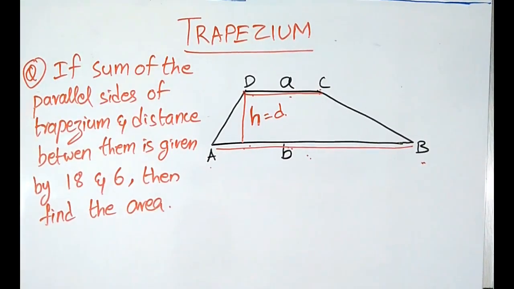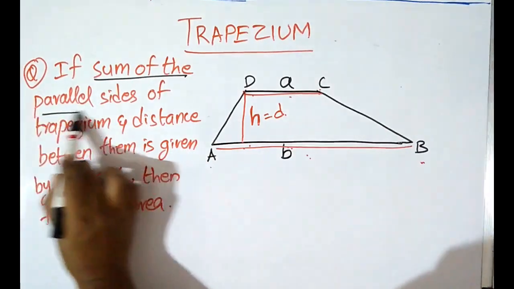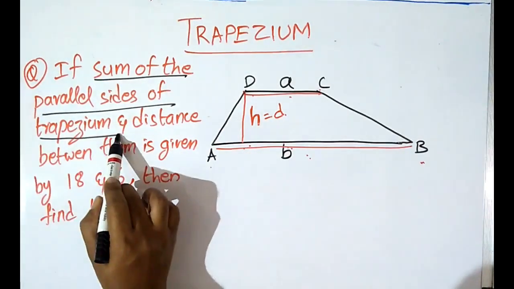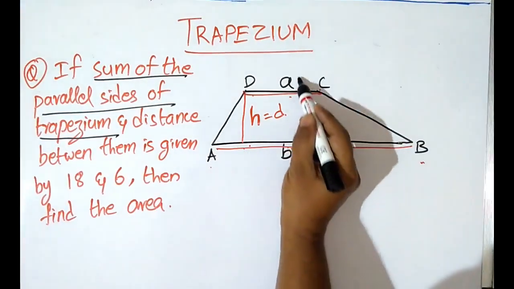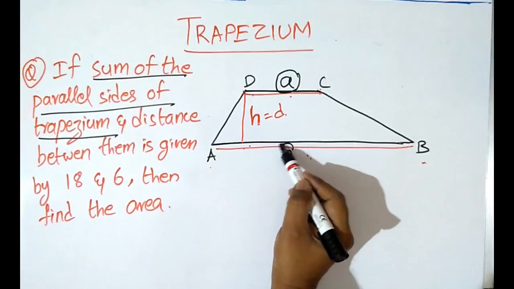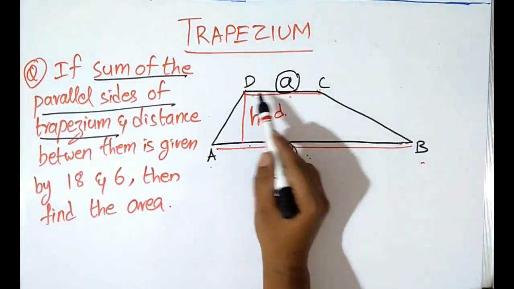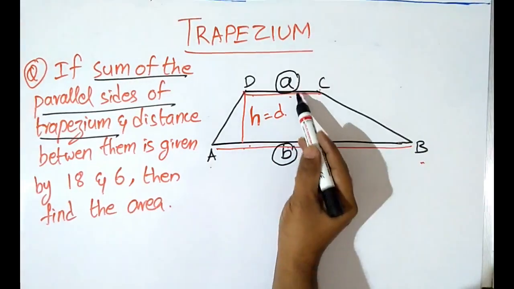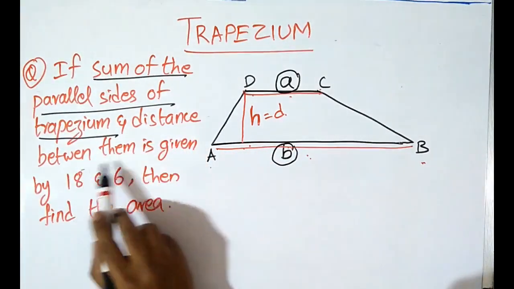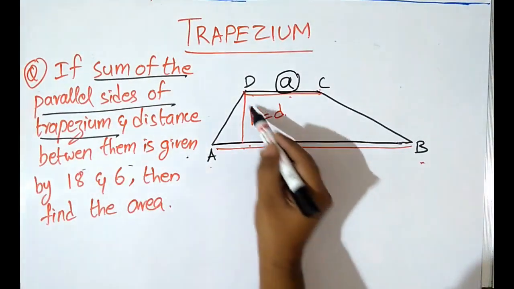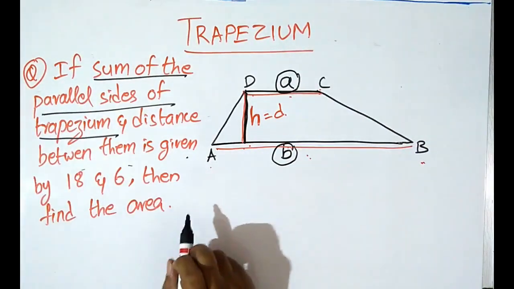Let us see a quick problem. If the sum of the parallel sides of trapezium, here the parallel sides are AB and CD, and the sum of these lengths is given, and the distance between them is given, 18 and 6.